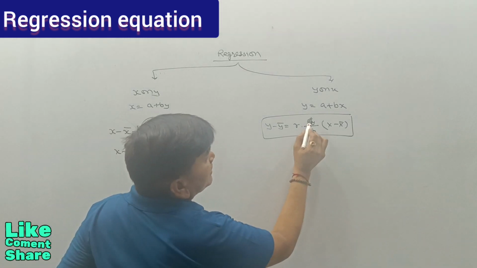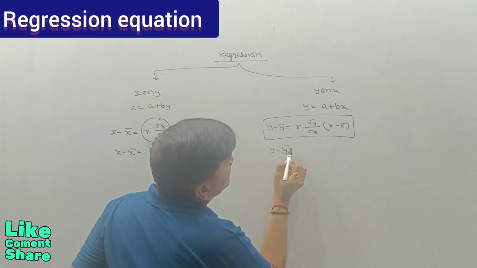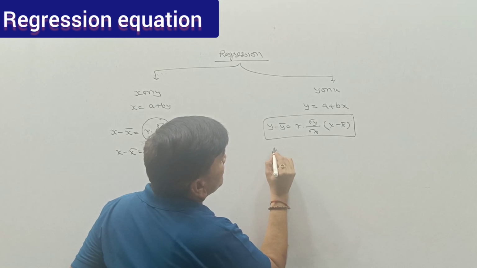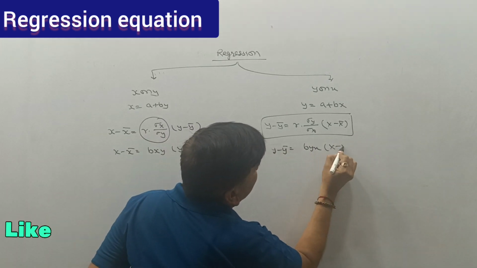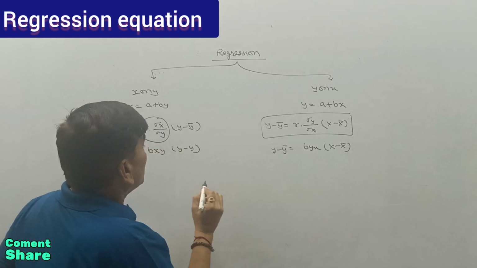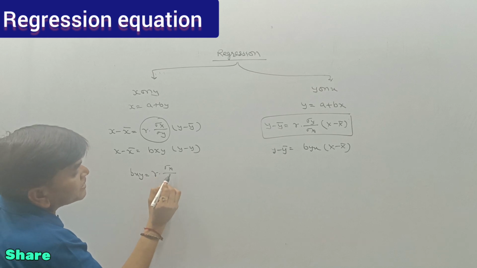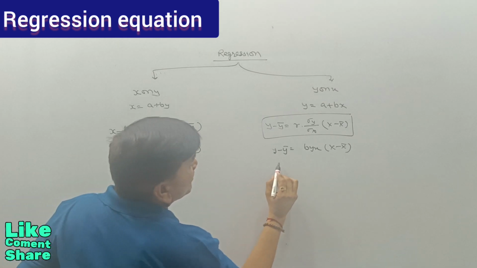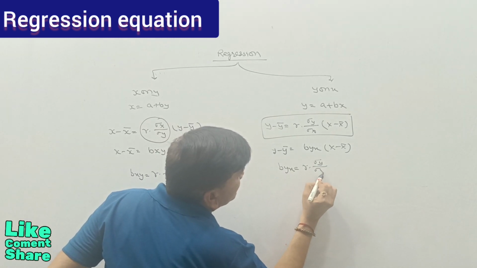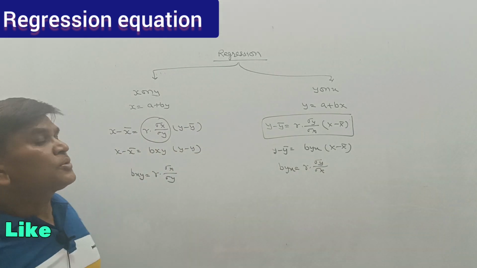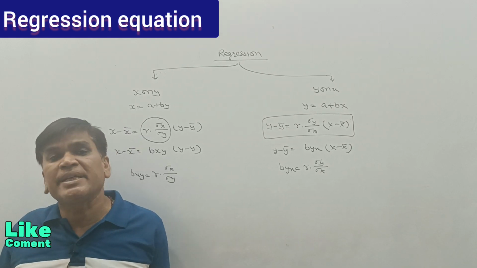Writing this value, y minus y bar equals byx times x minus x bar. So the value of bxy is equal to r multiplied by standard deviation of x over standard deviation of y, and byx is r times standard deviation of y on the upper side and standard deviation of x on the lower side. With the help of these formulas we can calculate the two regression lines.